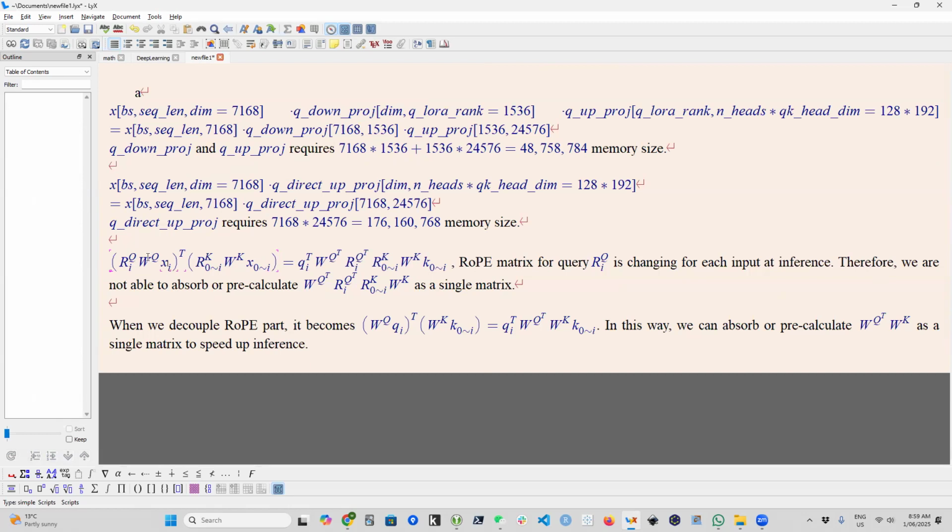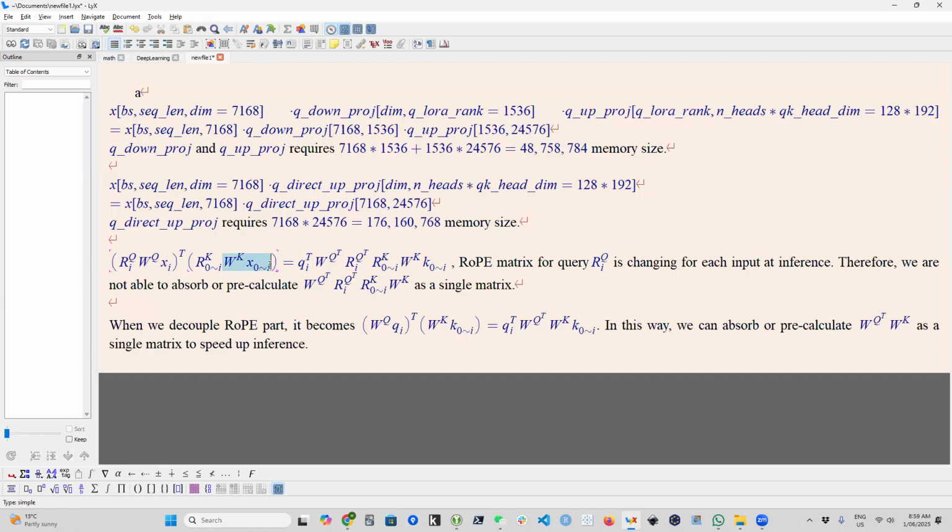We project the input into the Q space, so these two things become Q_i, and these two things become K_i. So the hidden state of the input is projected into the Q space, then we rotate it with the rotation matrix.